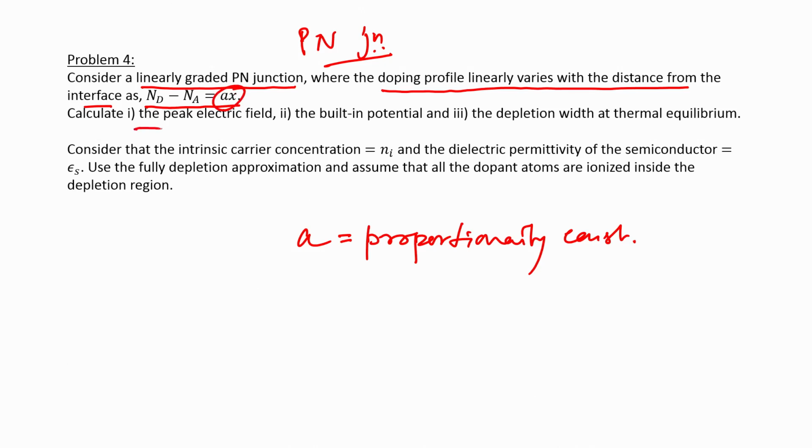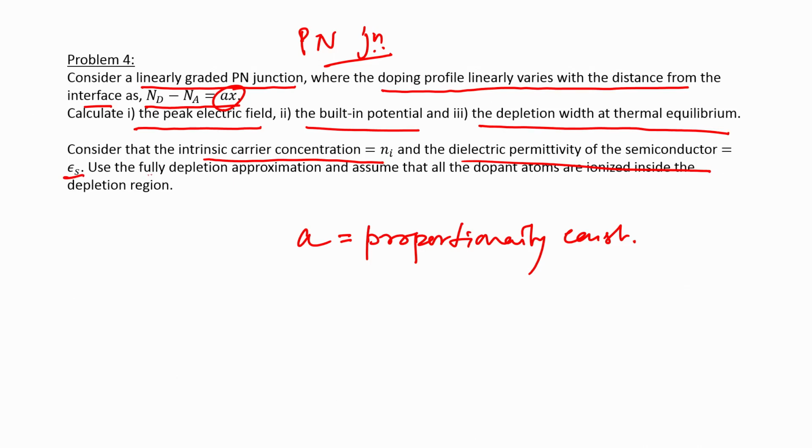Now here you have to find the peak electric field, built-in potential and depletion width at thermal equilibrium. So basically you have to do that entire analysis of electrostatics at thermal equilibrium for this spatial doping profile. Some parameters are given, like the intrinsic carrier concentration Ni and the dielectric permittivity of the semiconductor epsilon s, and there are some approximations you can use.